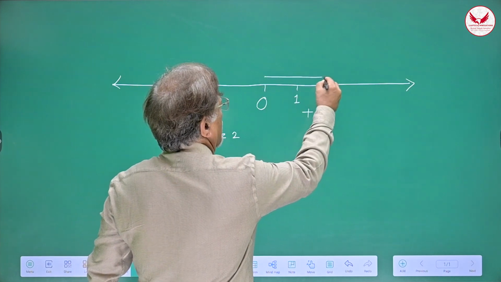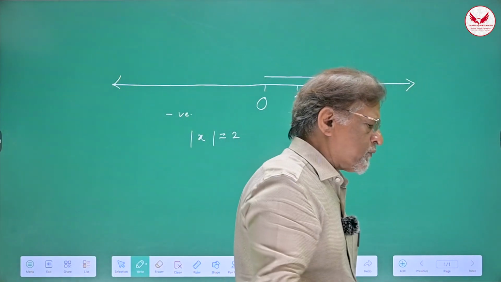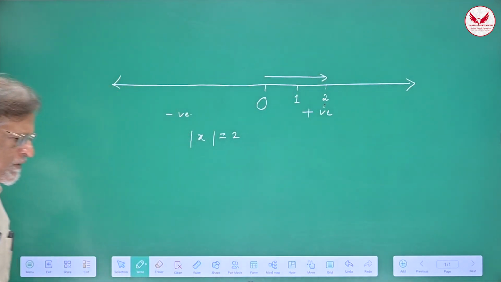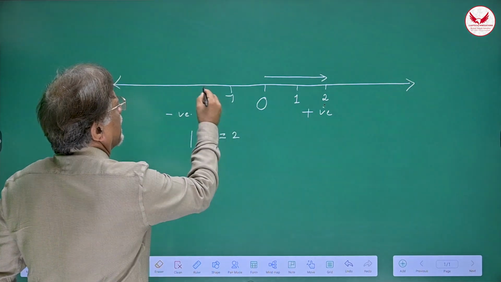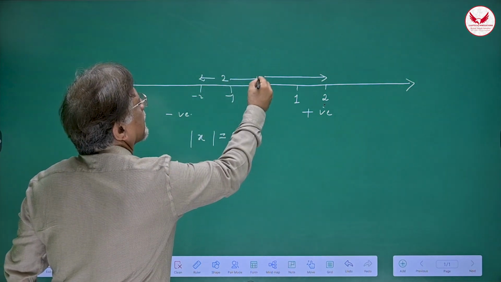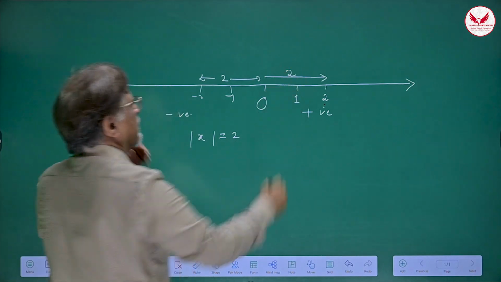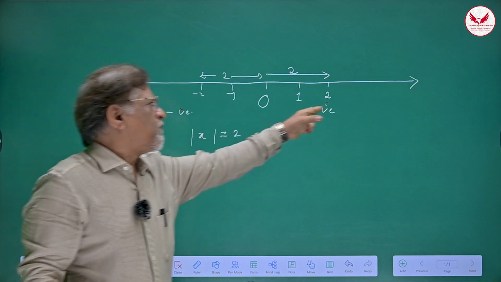We can either go forward 2 units, or come back to 0 and go backward. Both are at 2 units. So this is 1 and this is -2. Its distance is also 2 units, correct? So you can either go backwards 2 units or forward 2 units.